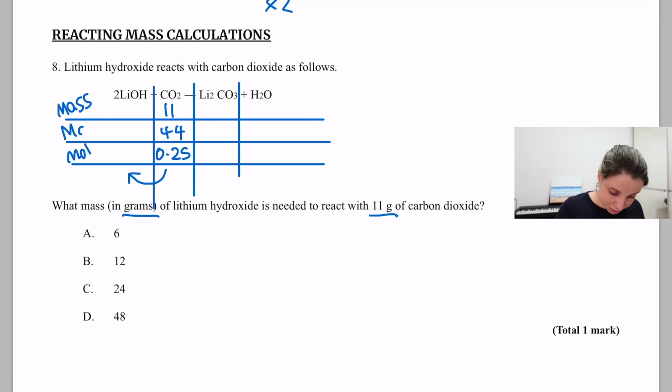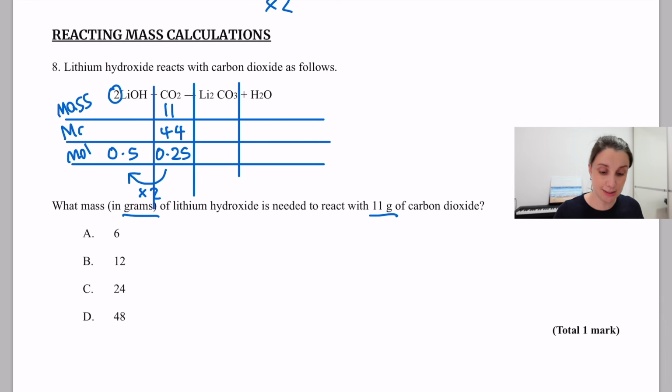Then we look at the mole ratio to get the moles of lithium hydroxide. Now this 2 here means that for every 1 mole of carbon dioxide, I have 2 moles of lithium hydroxide. But in this case, I only have 0.25. So I'm going to times it by 2, and that will give me 0.5 moles of lithium hydroxide.